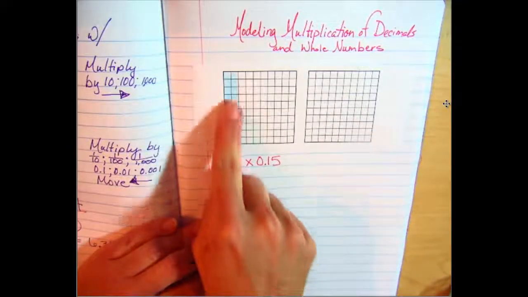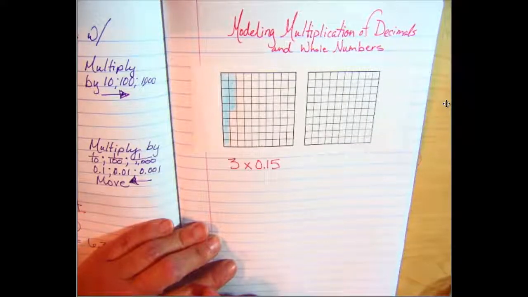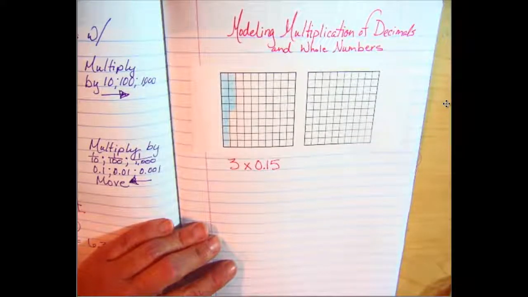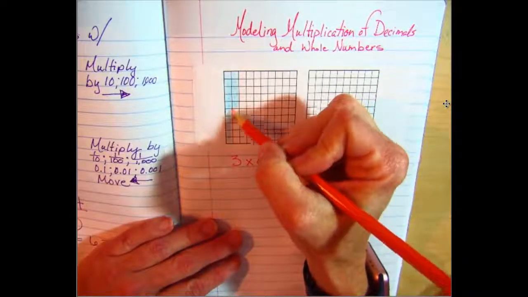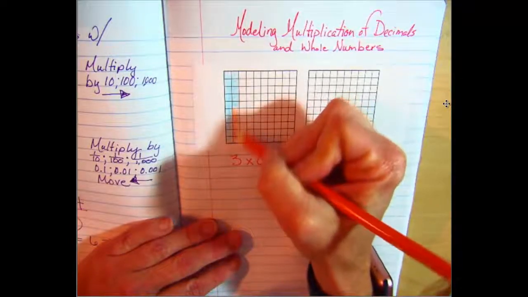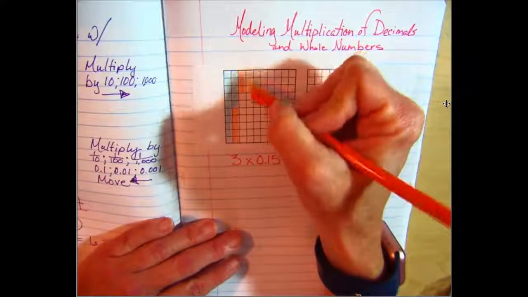15 hundredths is pretty easy to pick out, but if you're doing like 21 four times, then it gets a little bit harder to keep up with all the boxes. So I'm going to do one group of 15 in one color, and then I'm going to switch. I've got 5 left on this column, so I'm going to color these in, and one more row.